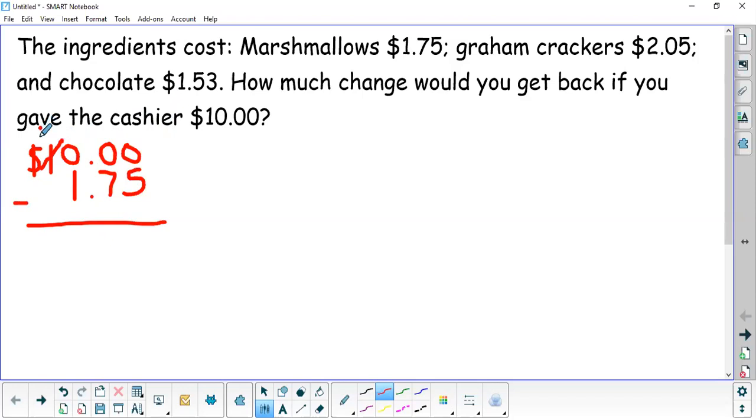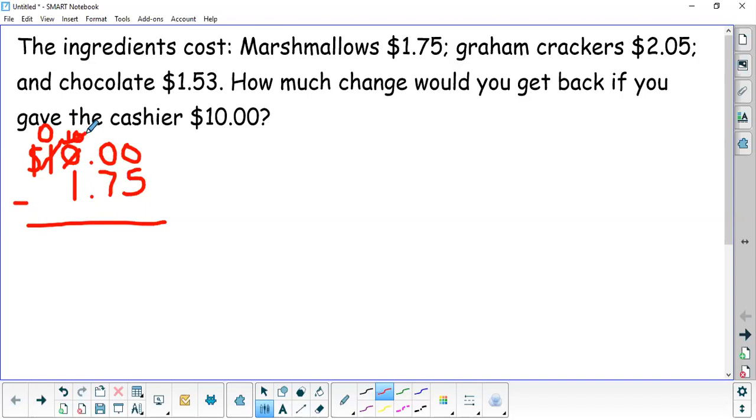So that's going to give me 0 in the tens place. Now, if I regroup from here and I take that 10, which is tens, and I put it over here, now there are 10 ones. But over here, this 0 needs to borrow as well. So I'm going to have to borrow again.